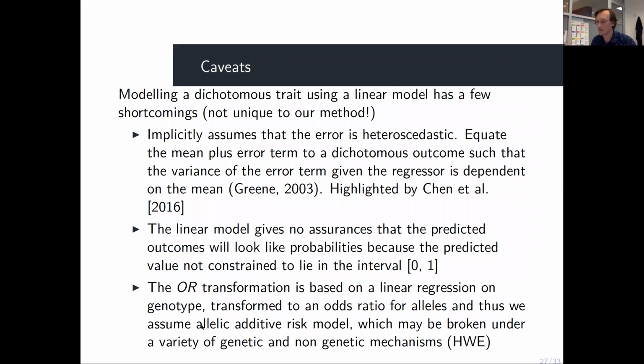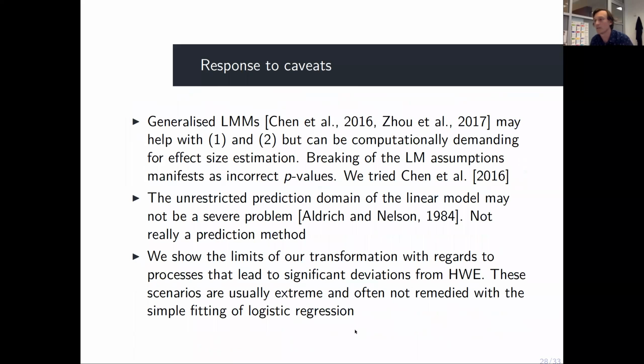But the additive risk model may break down for a variety of genetic and non-genetic or data reasons, such as extreme oversampling of cases, for example. It's all tied up also in our Hardy-Weinberg equilibrium assumption. In this final caveat there's a lot of things going on, but this doesn't happen for most effects within most GWAS range of effects.